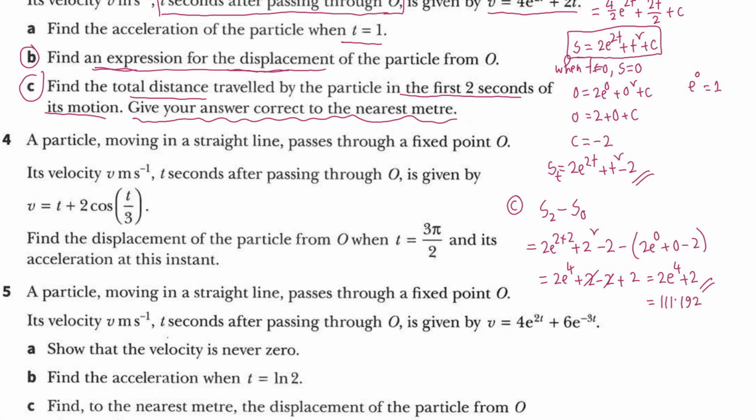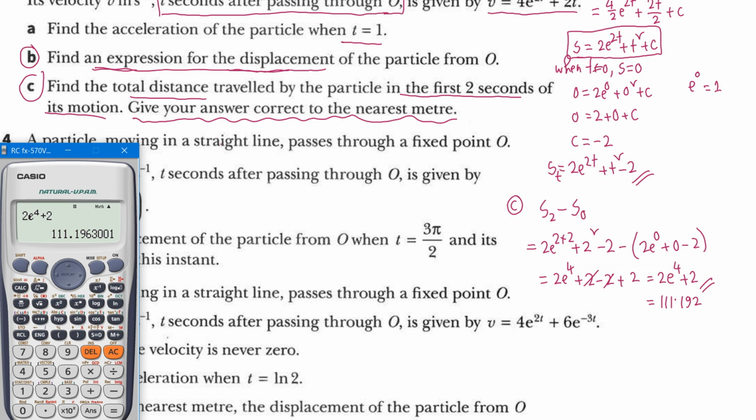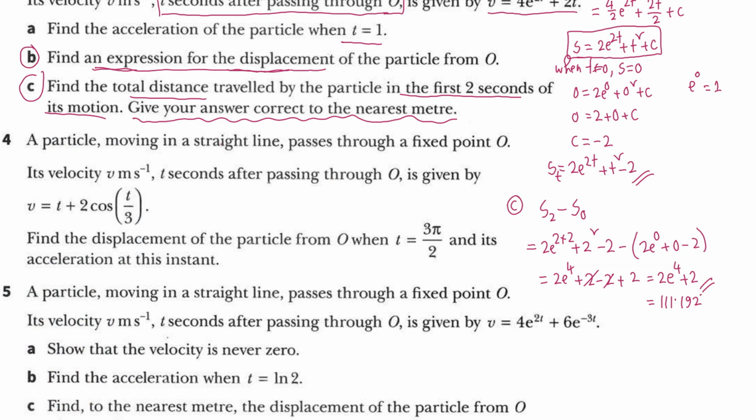Sorry, 111.196, so if we write it to the nearest centimeter, definitely it would be 111 meters. So this is our answer of this question 3C.